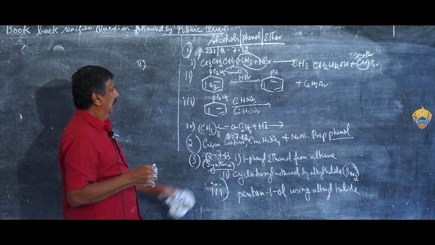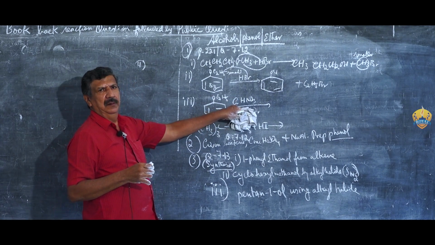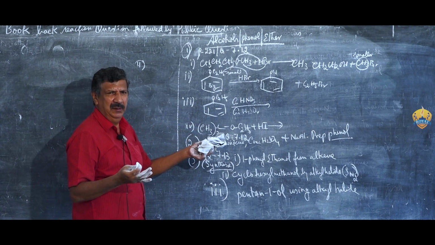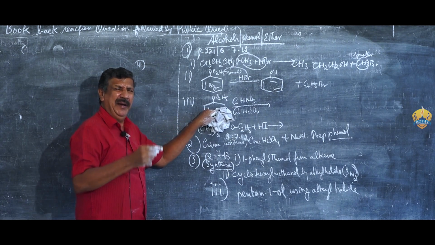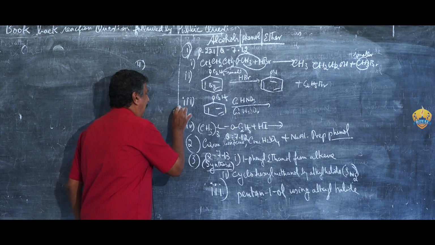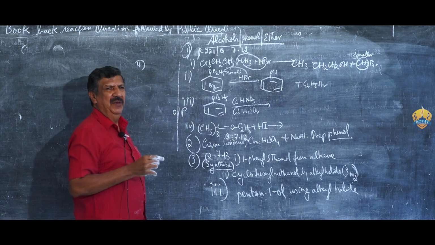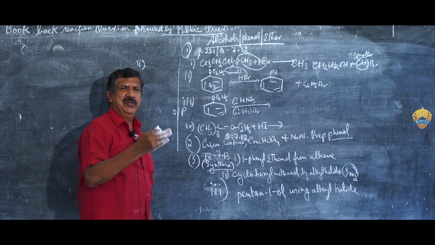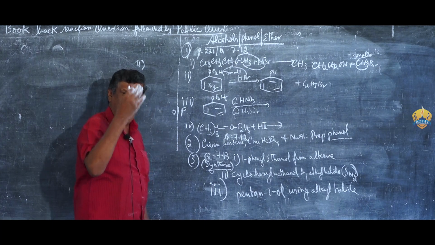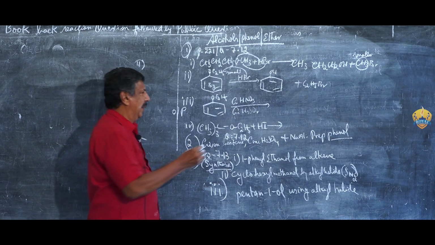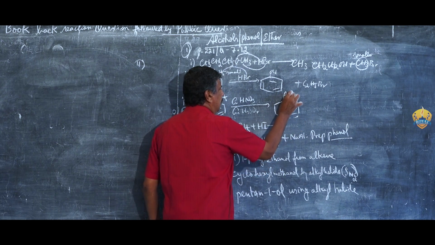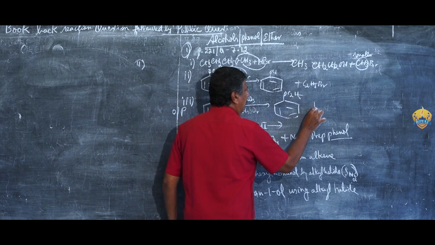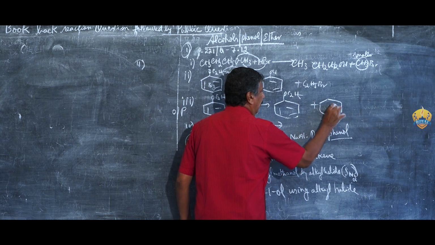Third one, nitration. First of all, you should have this idea. Anisole is an ortho-para directing group. Similarly, like anisole, phenetole is also an ortho-para directing group.